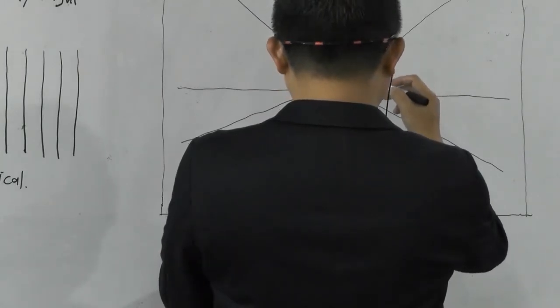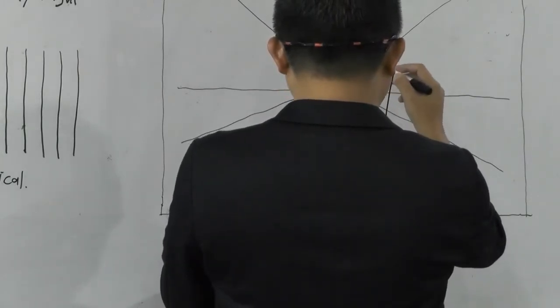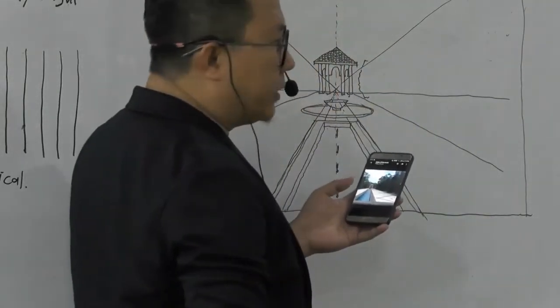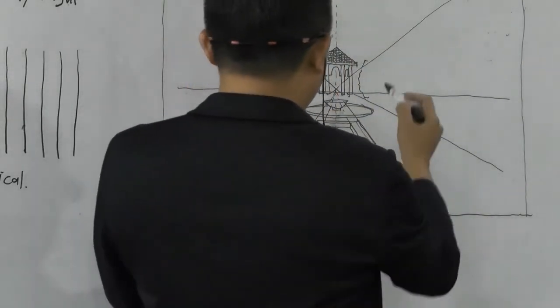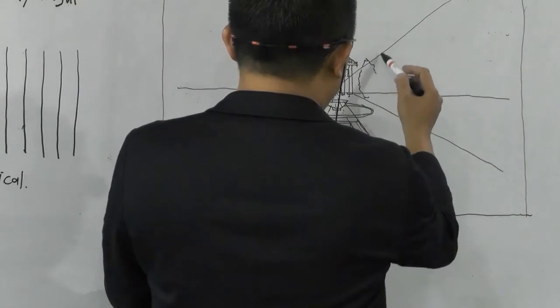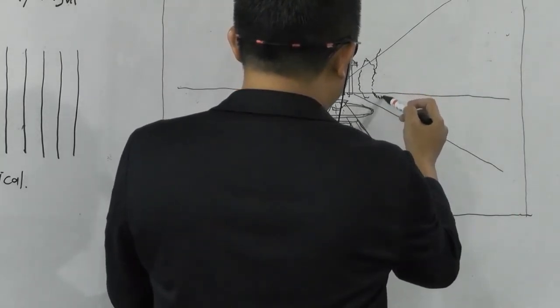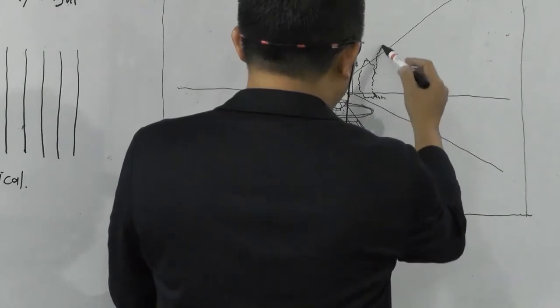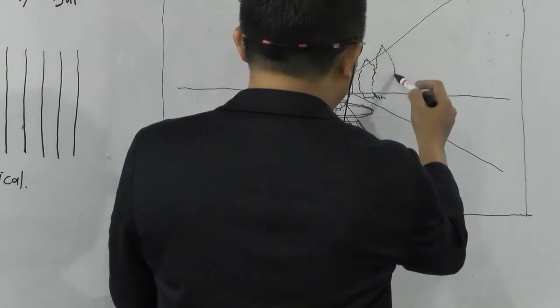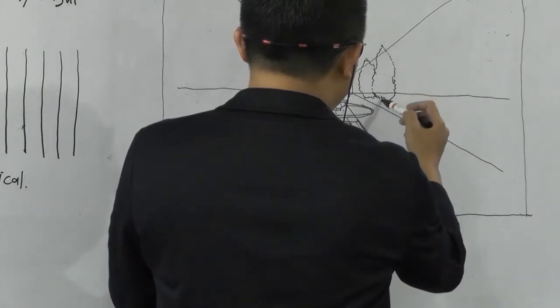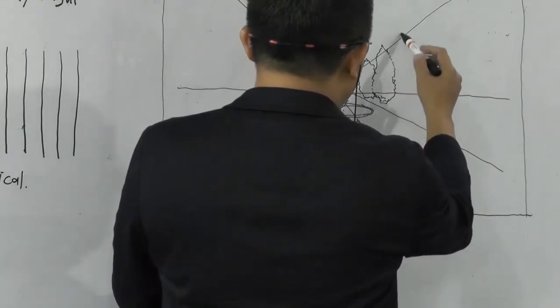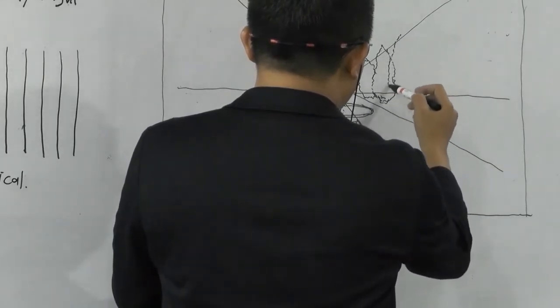So how to draw a tree? You draw the smaller one first, which is the one at the back. Then this one will be overlapping the second one. And the other one will be overlapping the second one.